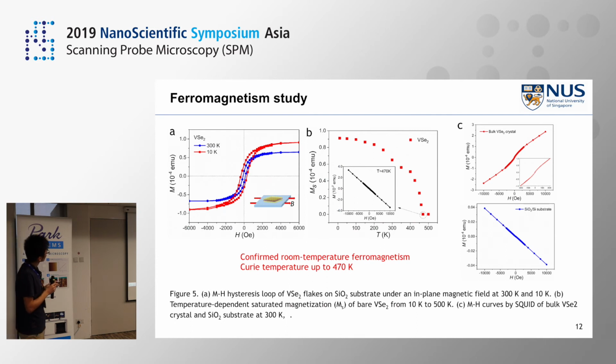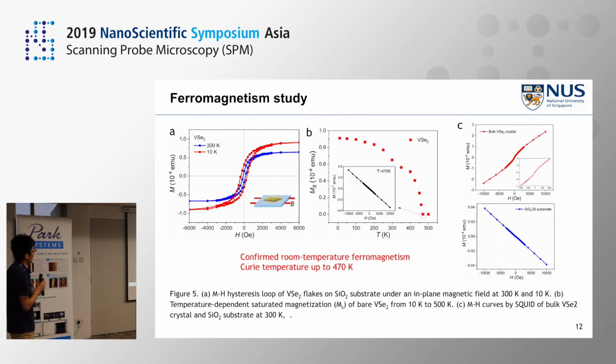And okay, let's move to the ferromagnetic study. Firstly, we use the SQUID, a common method to study the exfoliated sample. You can see from the first image, there is an obvious ferromagnetic hysteresis loop, which directly shows the magnetic property of the sample.